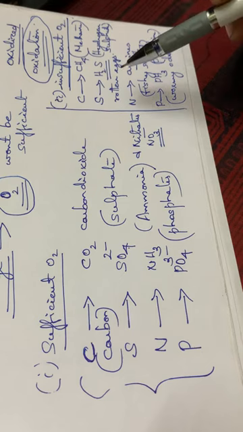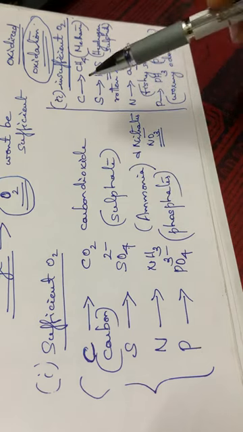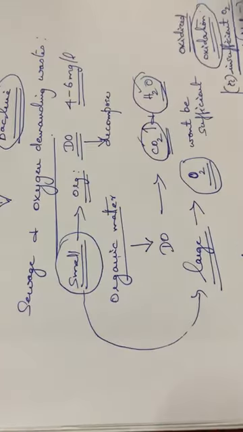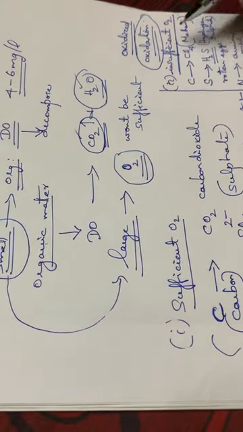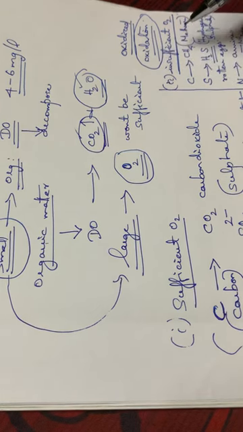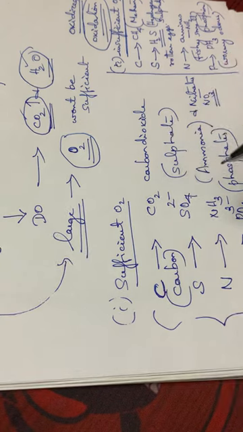So thus we can say that this water will be polluted as a result of sewage and oxygen demanding waste. The water will be having an offensive odor, and at the same time oxygen will be depleted, isn't it? For all this process oxygen is necessary. While taking oxygen for this process, the total amount of oxygen present in that water body will be decreasing gradually.